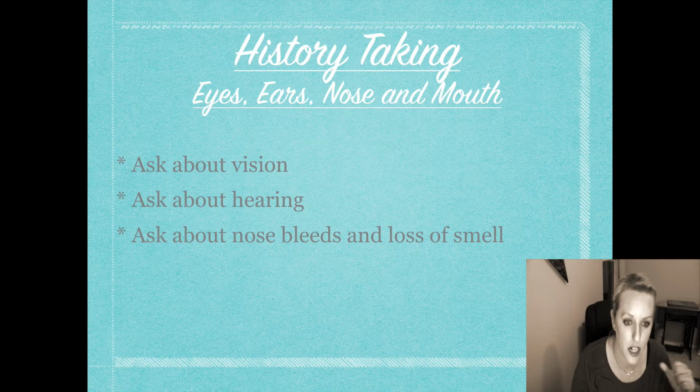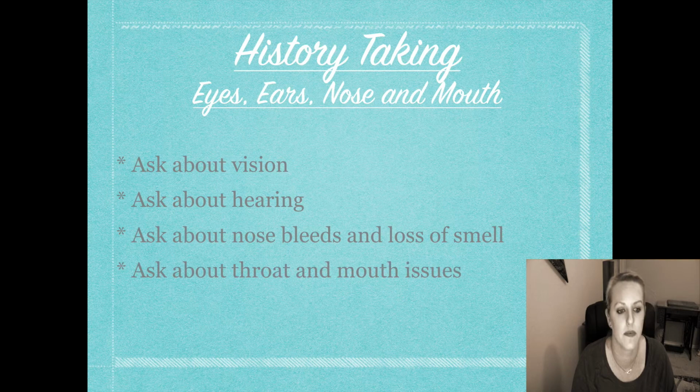When we talk about hearing, has your hearing been getting worse, or did it all of a sudden go out? For their nose, of course, nosebleeds, loss of smell, any pain. Again, we're just asking about all of this. We also need to ask about throat and mouth issues. So any pain when swallowing, any difficulty swallowing, any pain in the mouth, any lost tooth, swelling around the neck, swelling of the tongue, any of that we need to ask.